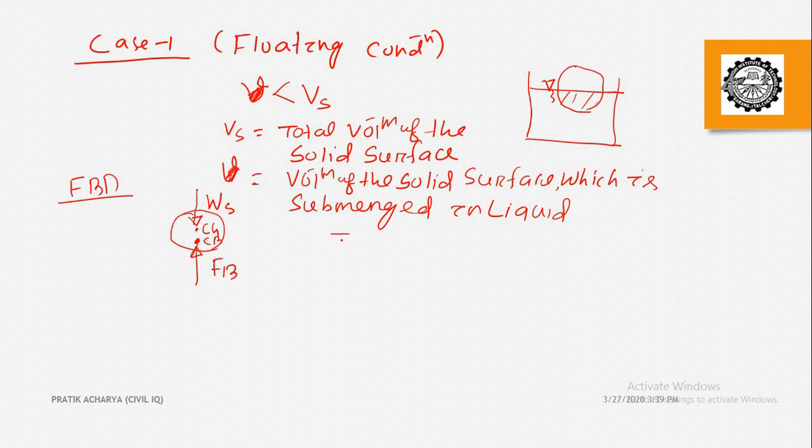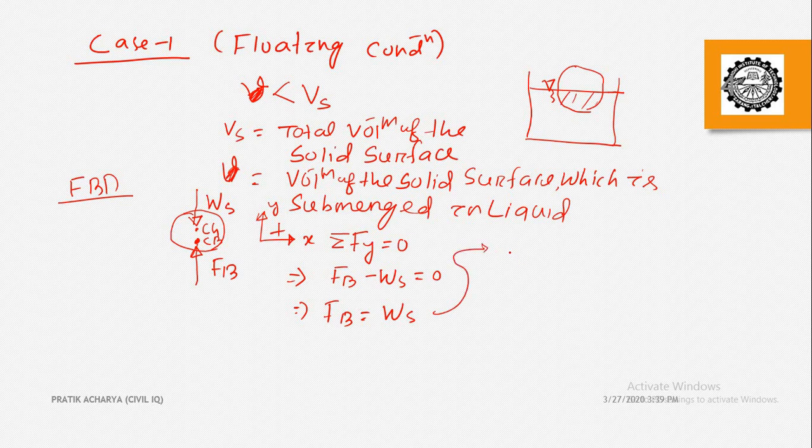So if you do the summation of Fy, it will be 0. You take this as positive x, and this is my positive y axis. So this will come out to be force of buoyancy minus Ws equals 0. So force of buoyancy will be equal to Ws.